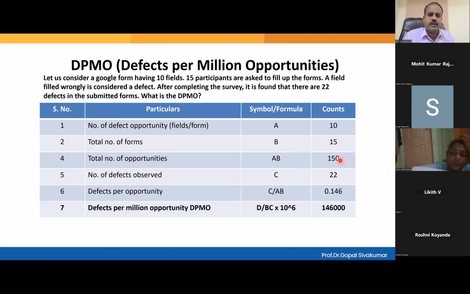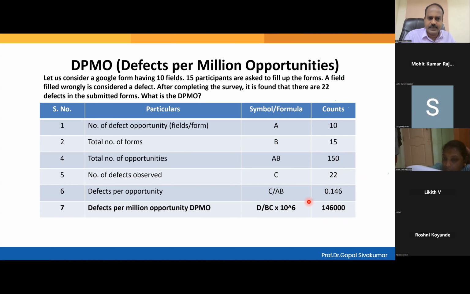Defects divided by total opportunity, which is 22 divided by 150. How much is it? 0.146. DPO is 0.146. So DPMO will be, you move this decimal by 6 places. 1 lakh 46,000.